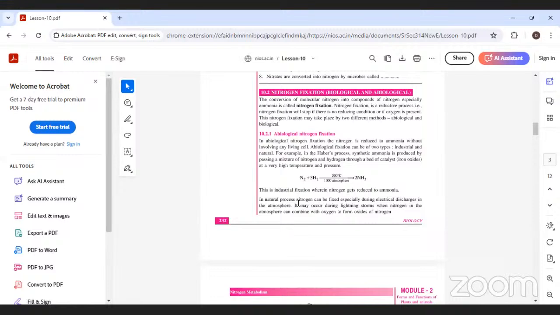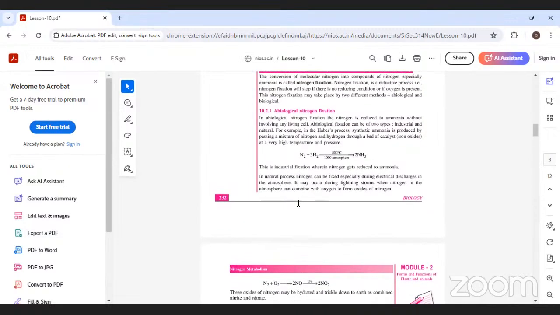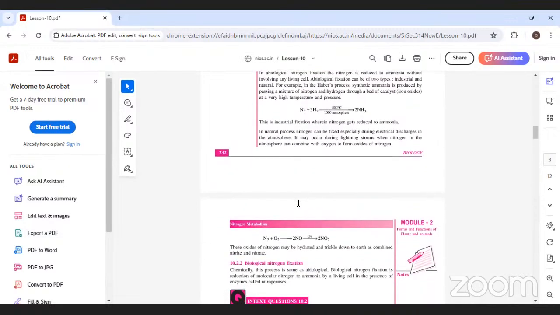In natural processes, nitrogen can be fixed, especially during electrical discharge in the atmosphere, such as thunderstorms and lightning storms. Nitrogen in the atmosphere can combine with oxygen to form oxides of nitrogen.